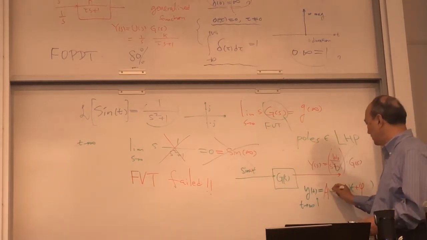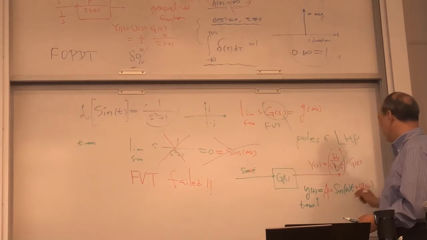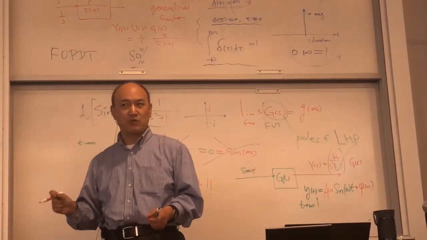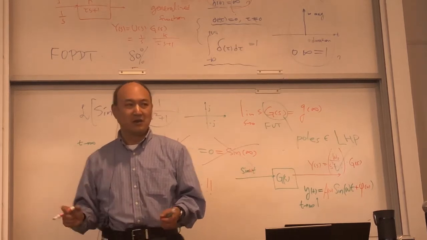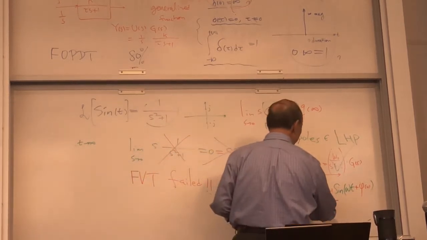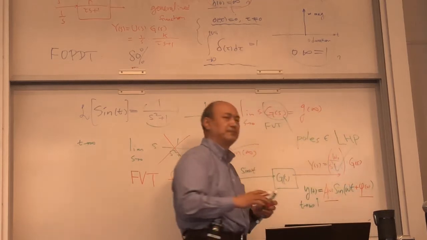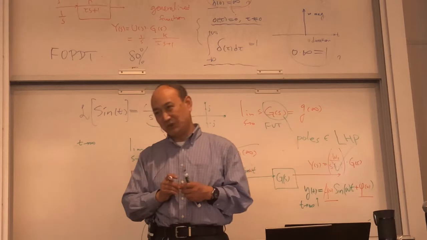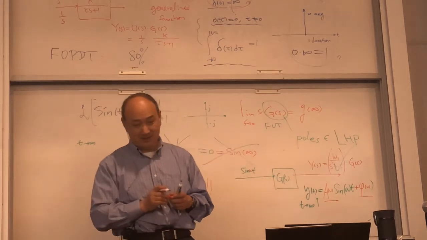The amplitude is a function of omega, and the phase is also a function of omega. That's the right way to think about frequency response. We call A of omega and phi of omega the frequency response: magnitude and phase. Make sense?